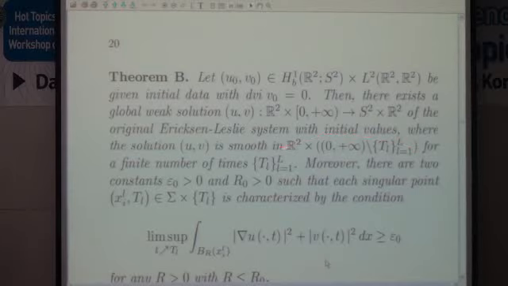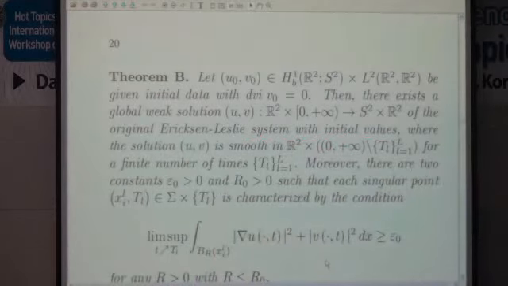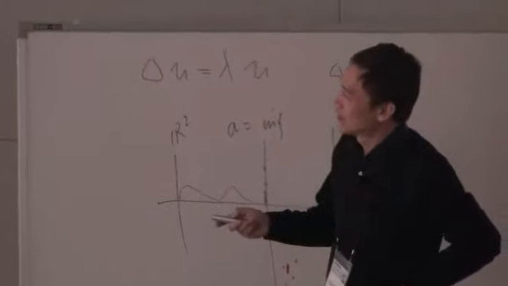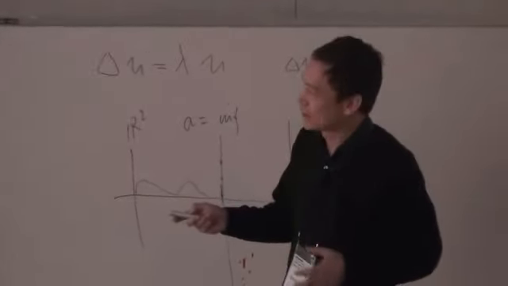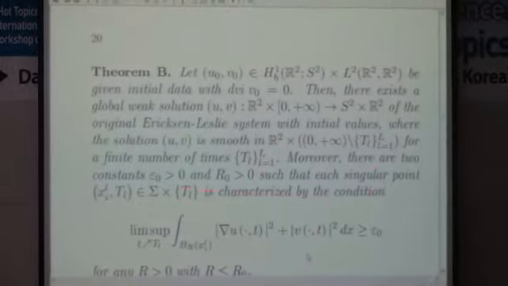However, there is one thing I didn't prove. From the modeling system, I can prove that at each time T, the singular set is finite. But I can only prove the singular time is finite. But I cannot prove that at this time the singular set is finite.